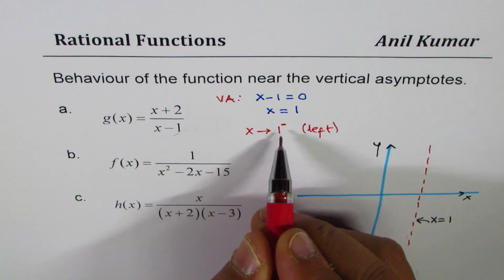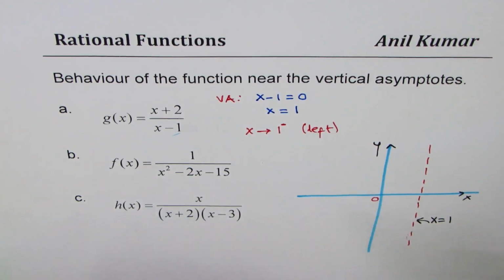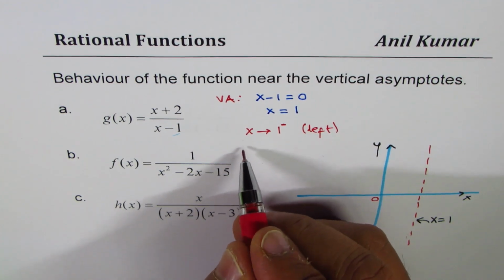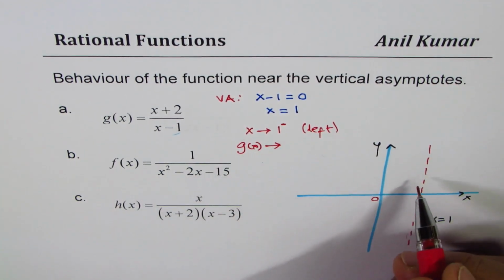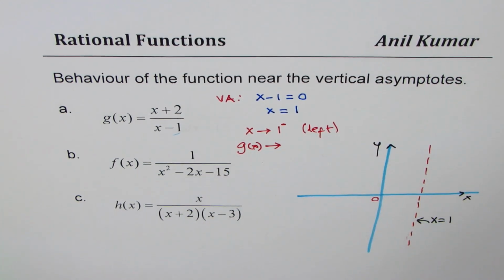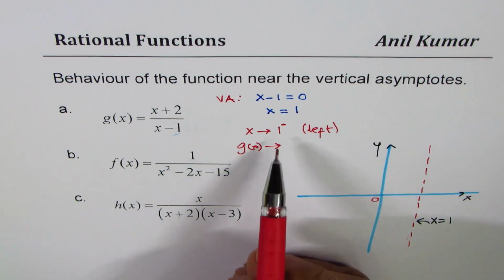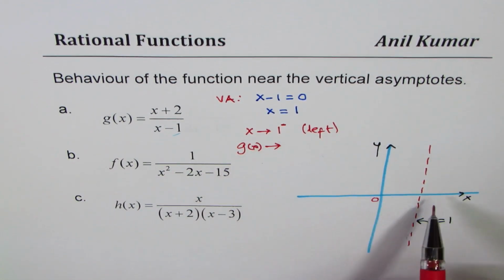When x approaches 1 from the left side, what happens to g of x? We know it goes to infinity, but whether it goes to positive or negative infinity, that is the idea. So let's substitute a value which is less than 1.